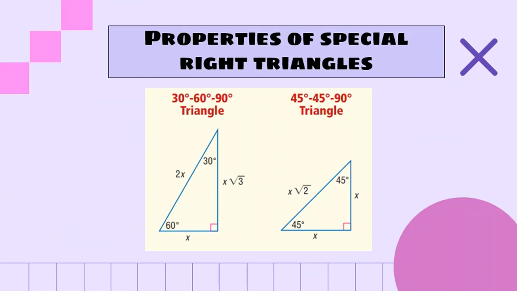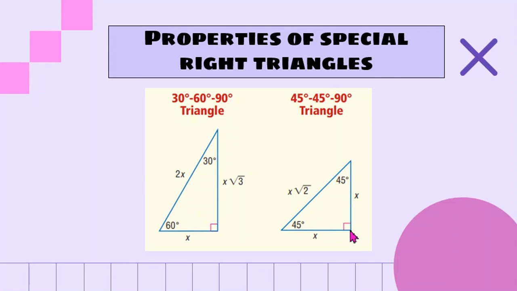So activity 1 is about the special right triangles. We have two. These are special because, of course, there are people who are special. No? It also applies to things. In triangles, we have 30, 60, 90, and 45, 45, 90. If you're given a right triangle, and the other angle is 60, of course, the third angle will be 30.